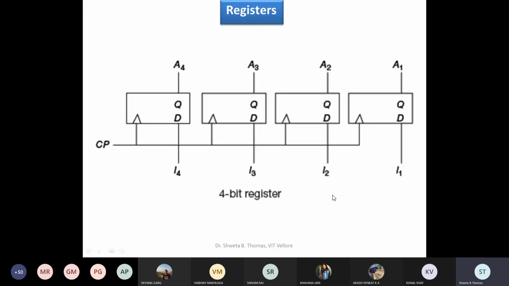This is for the evening lab. Today evening, I would like to see this register implementation in LTSpice. If you have PSpice, you can do this using that also. Any one software you can use, it's up to you.